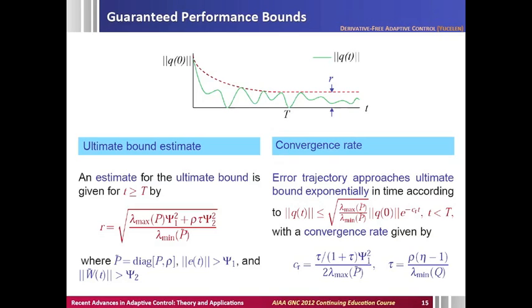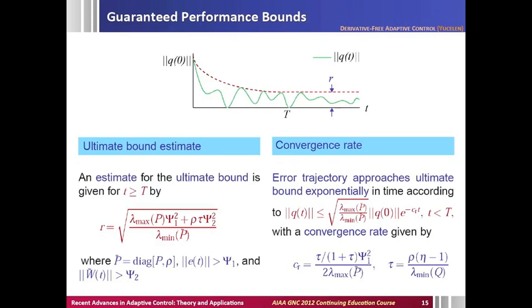So this is the R, uniform ultimate bound estimate. I start somewhere, I am reaching that set, and I won't leave that set because outside V dot is negative.